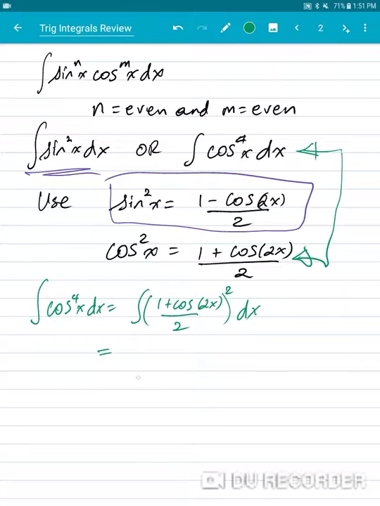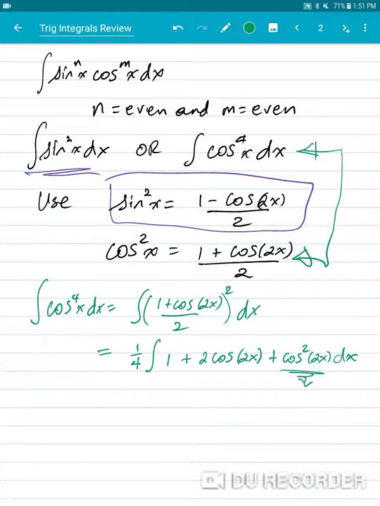If you FOIL it, what you get is 1 plus 2 cosine of 2x plus cosine squared of 2x dx. And now the next step is to reduce that power.